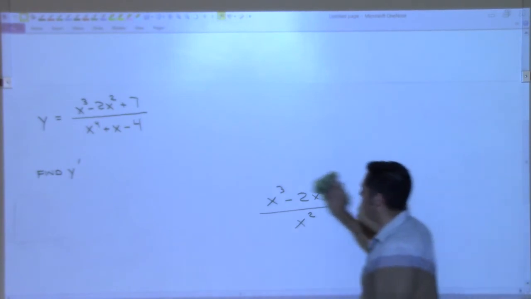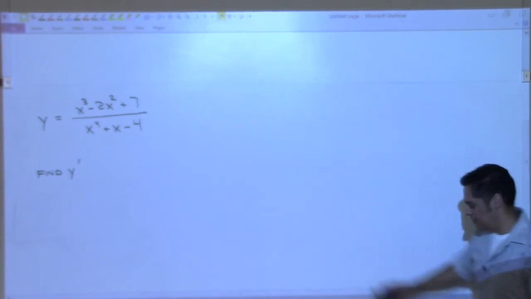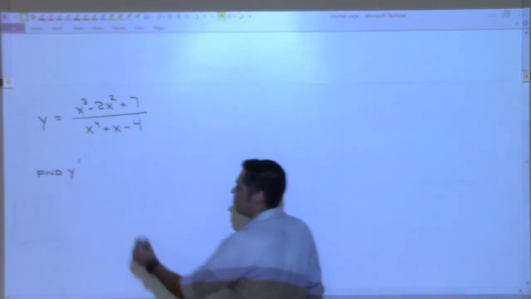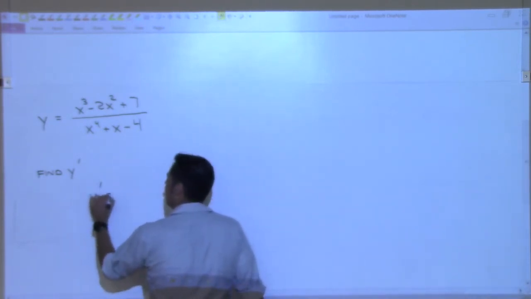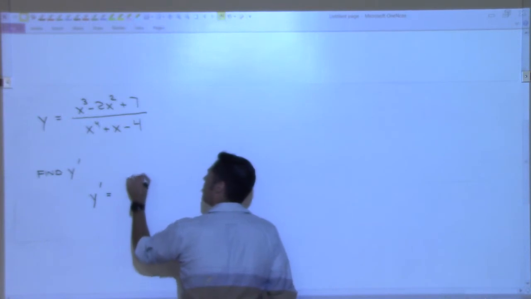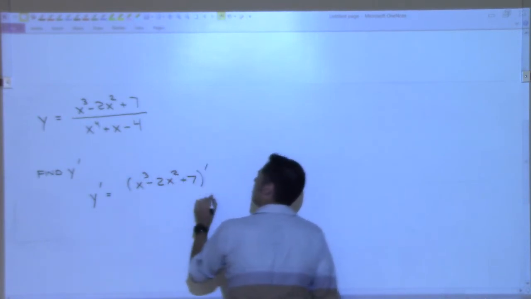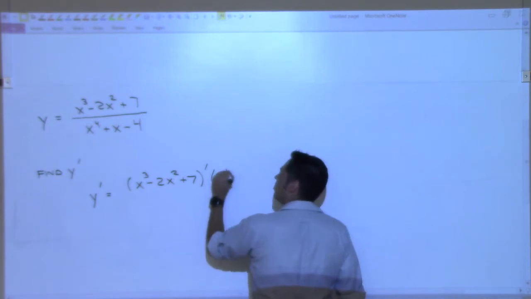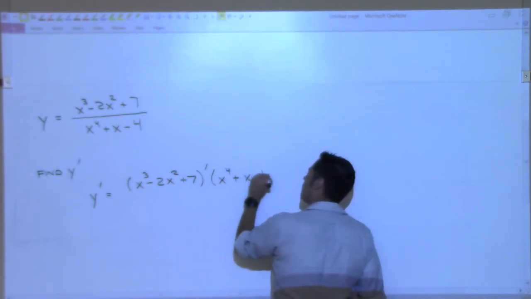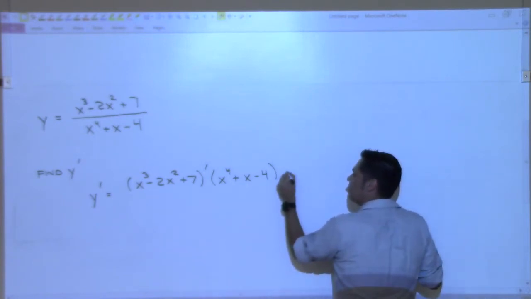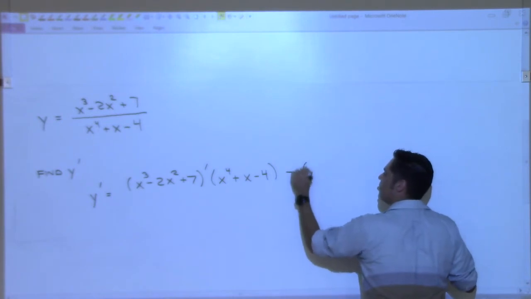So it's obvious that that's a quotient, yes? Okay, so we have a top and a bottom. So the derivative of this should be the derivative of the top times the whole bottom in parentheses. Look, the whole thing's going in parentheses because I have to multiply these two, right? And then minus the derivative of what?